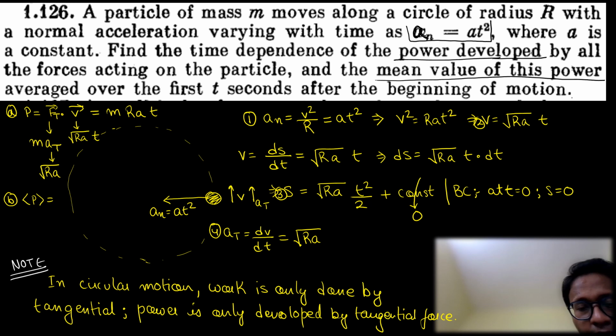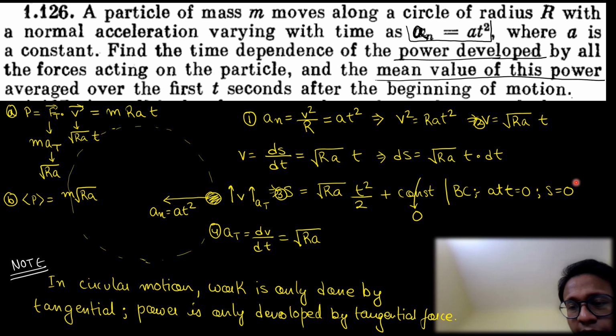So tangential force is m into under root of RA. What is the total displacement during t equals 0 to time t?